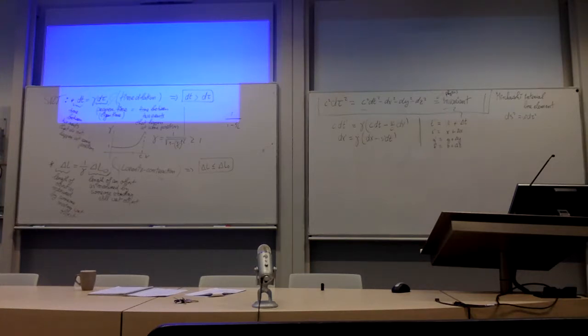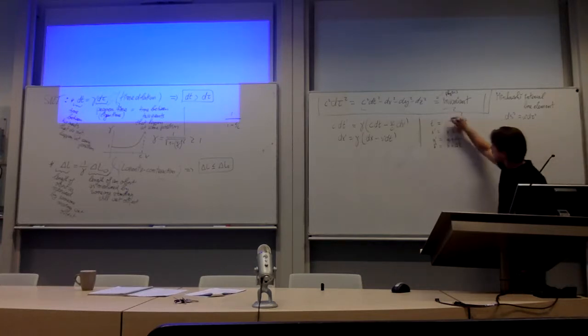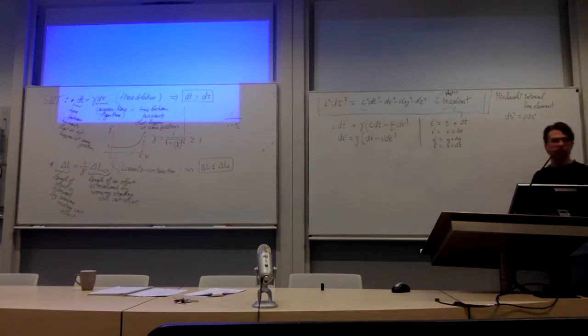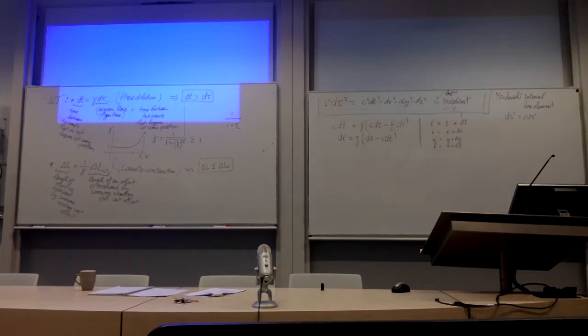I was just thinking that there maybe should be an element of speed in there. Why? Because the difference of t that we measure would depend on the speed you're moving. I don't see why that would be the case. I mean, it would be different if you're moving at half the speed of light. You mean that our times are different?